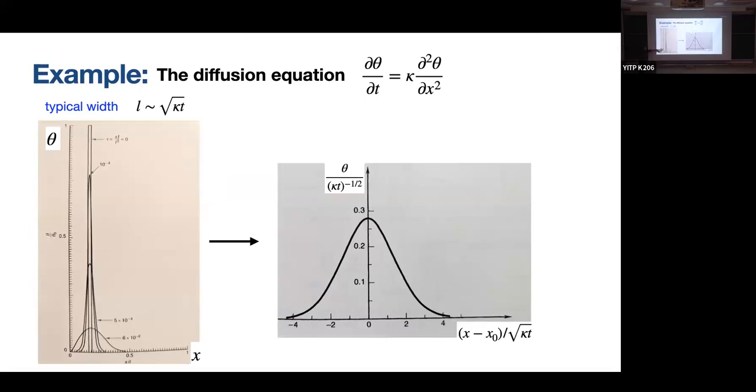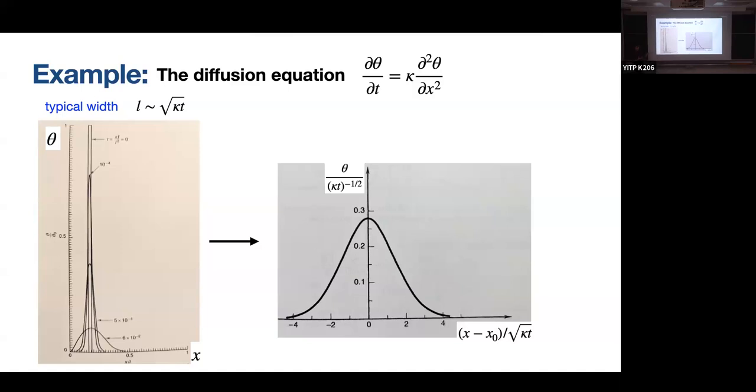On this plot, I'm showing the profile of the temperature as a function of the spatial coordinate x at different times. The initial condition is a very large concentration of energy density at some point, x naught. The various profiles are the temperature at different times, and you can see that these profiles become shallower and also wider.